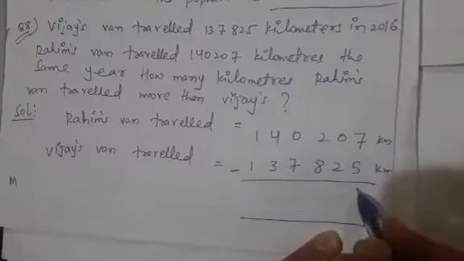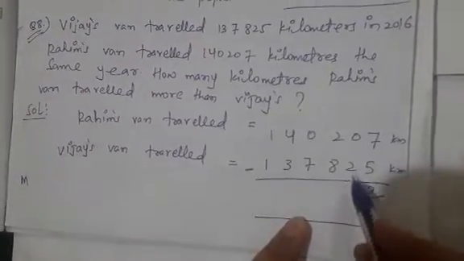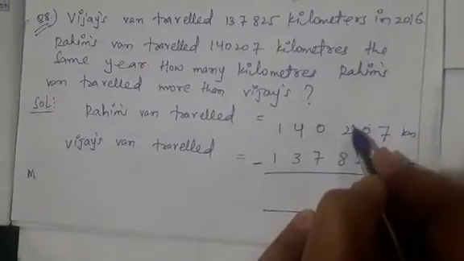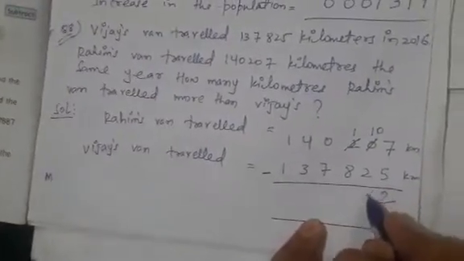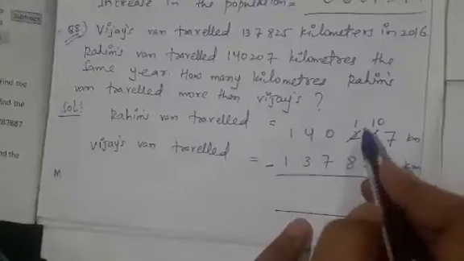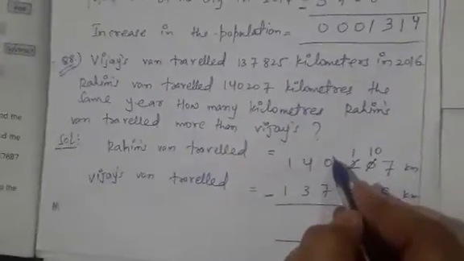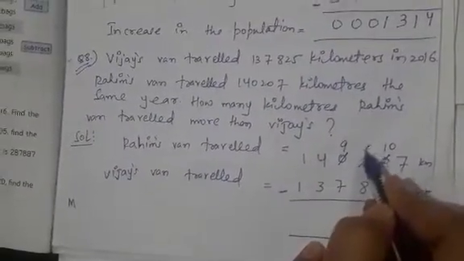Okay, 7 minus 5 is equal to 2. Here it is 0, we can't subtract 2 from 0, we have to make it 10 by borrowing 1 from here, it will become 1 and this will become 10. 10 minus 2 is equal to 8. And again, we can't subtract 8 from 1. We have to borrow from here and it will become 9. It will become 11.